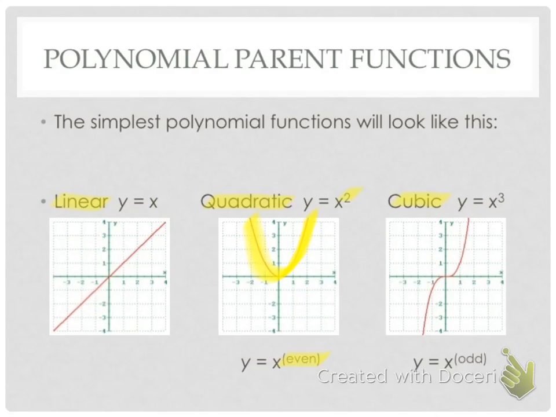And similarly with the cubic, which we know is a third degree polynomial, really any polynomial with an odd degree is going to behave very much like what a cubic does, with that sort of S-curve to it in its most basic form. So that's something to keep in mind as we move forward here, is that x to an even power acts very much like a quadratic, and x raised to an odd power acts very much like a cubic.